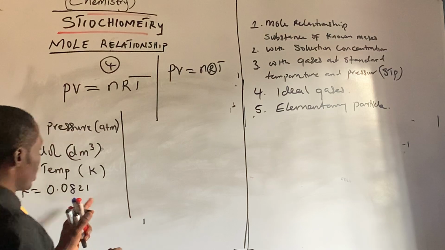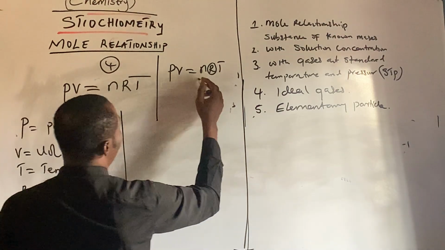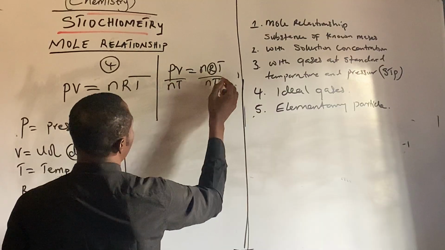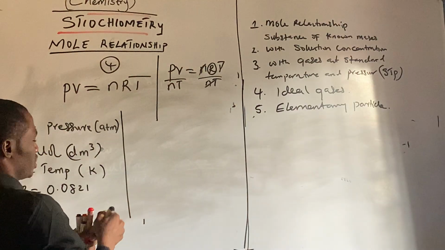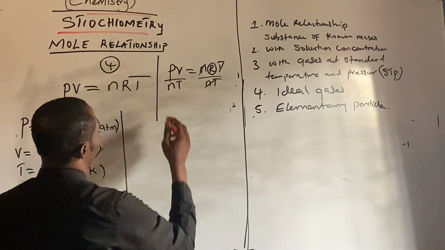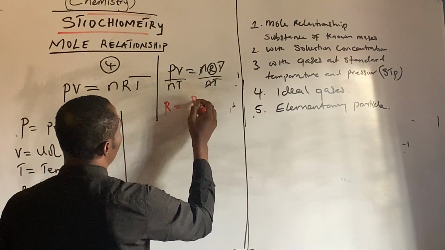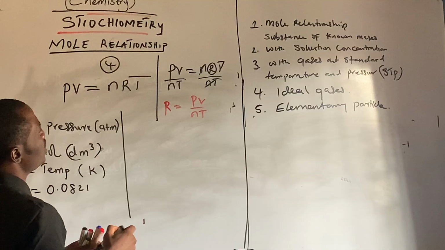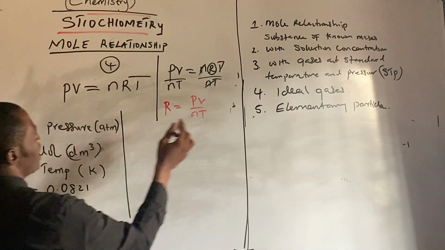For now, we want to get the units of this. So I'm dividing by nT, I'm dividing by nT. This will kill this guy, so that the last thing I have is R. R is equal to PV over nT. What's the unit for P, pressure? atm.